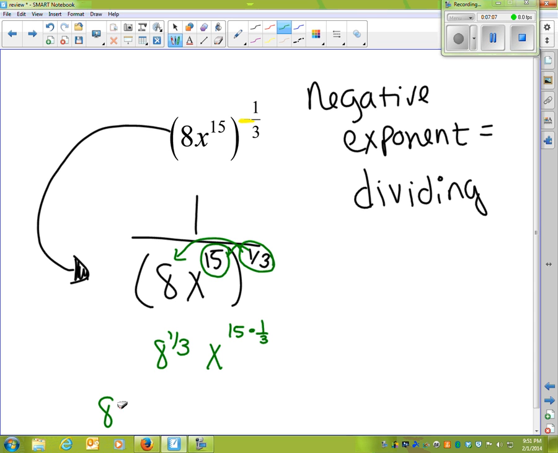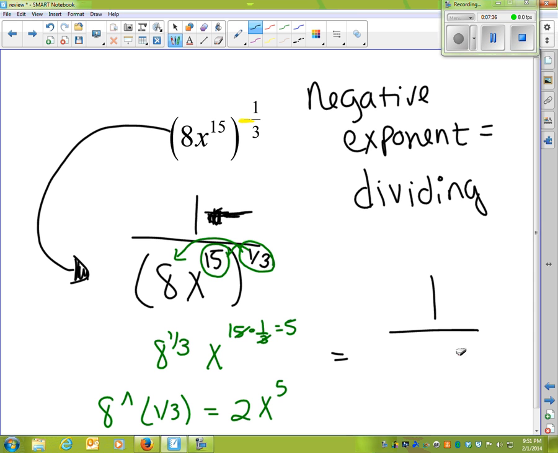Using my calculator, 8 raised to the 1/3 power gives me 2. And the 15 times the 1/3 gives me 5. Let's bring this all together for our final answer. This is all still in the denominator. I still have this 1 here in the numerator. So it's 1 over 2x to the 5th.